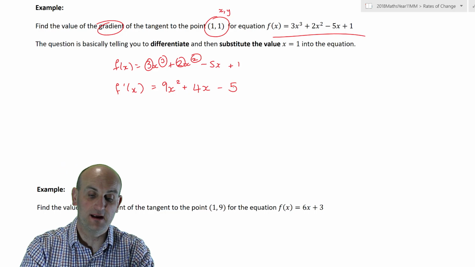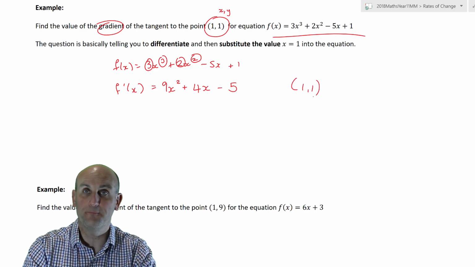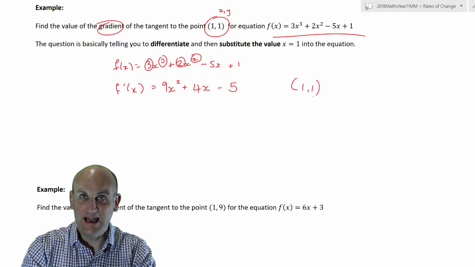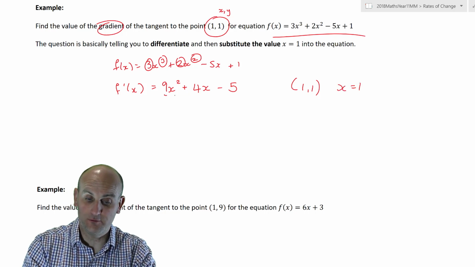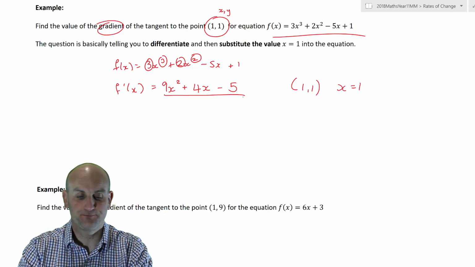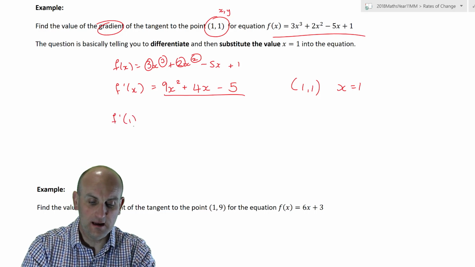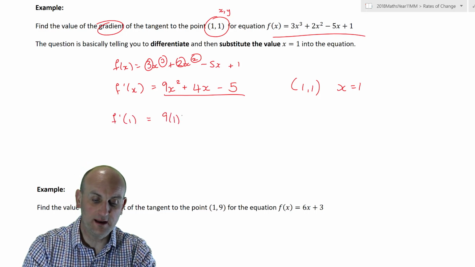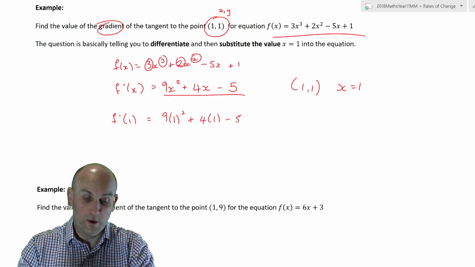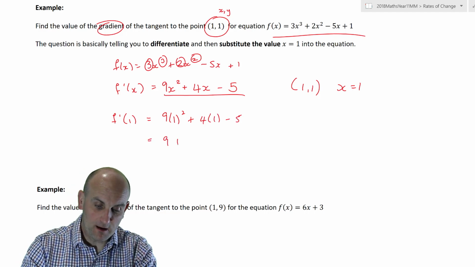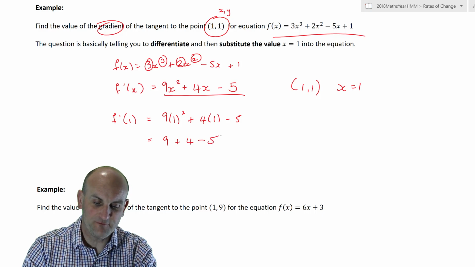And it says find the gradient at the point 1, 1. Well, it's telling me it wants it at the point where x equals 1. And good news, my equation has x's in it. So if I want to find the gradient when x equals 1, I do 9 times 1 squared plus 4 times 1 minus 5, which gives me 9 plus 4 minus 5, which is basically 8.